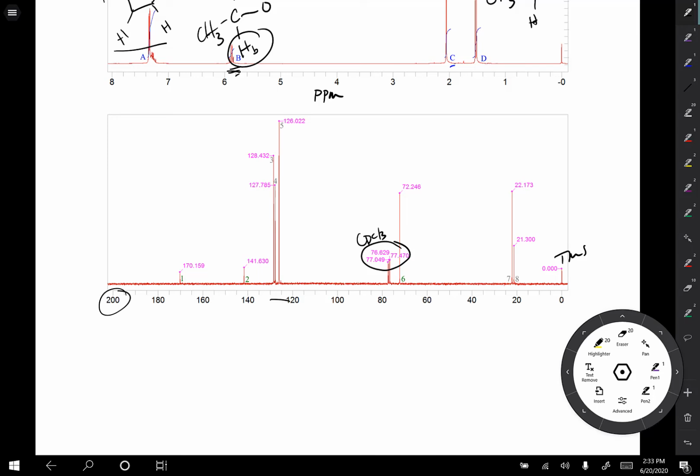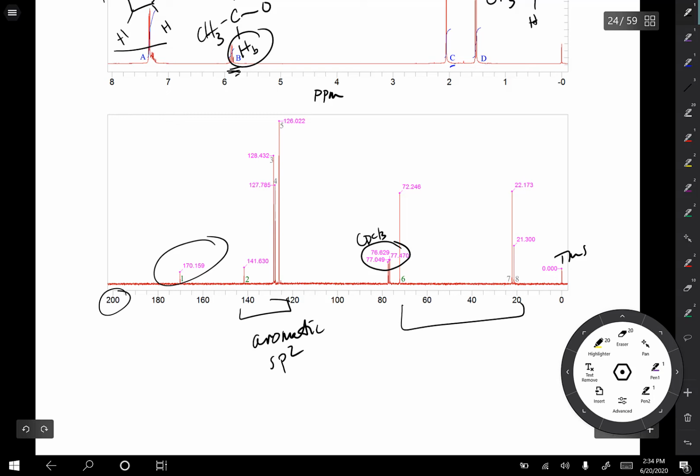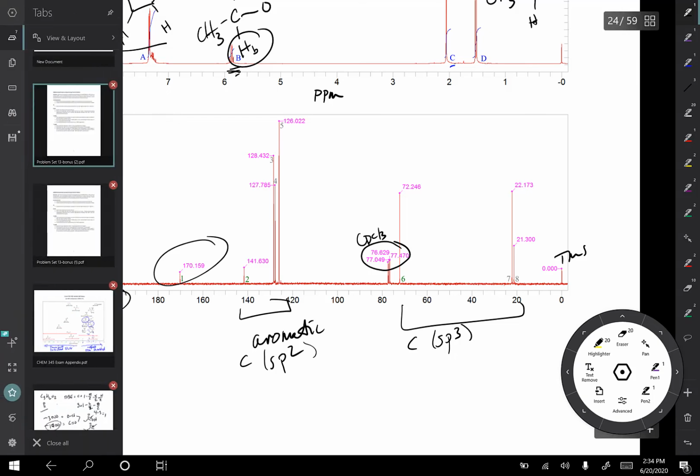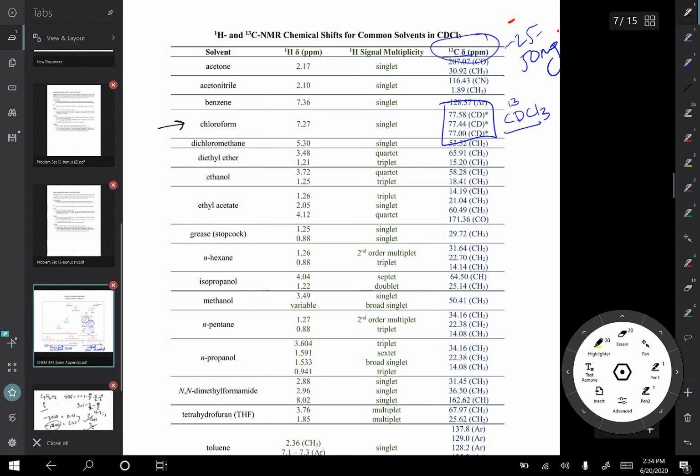Let's look at this. Where would a carbonyl take place? You got it. Here around the higher region. This is our aromatic region, sp2. These are actually all of our sp3 carbons. So here, 170. Let's figure out what kind of carbonyl that is. Let's see if we can get any more information.